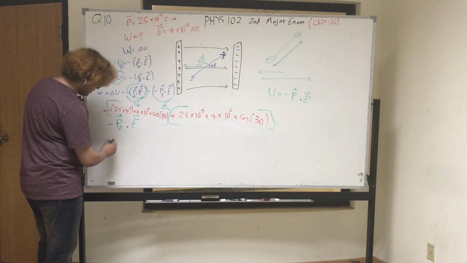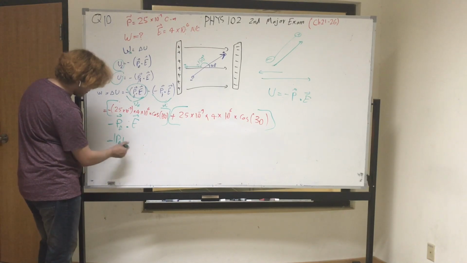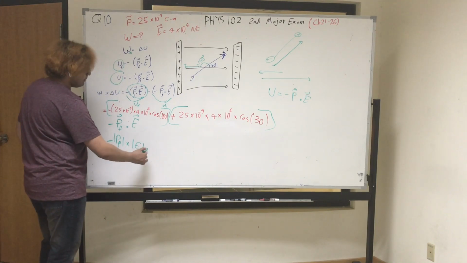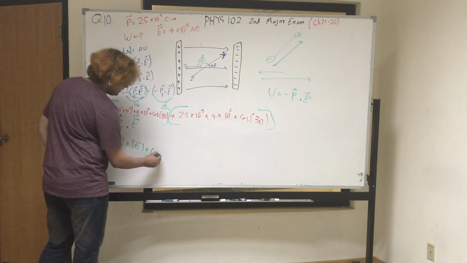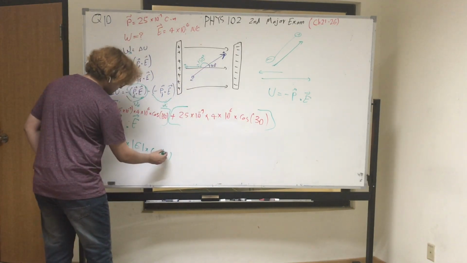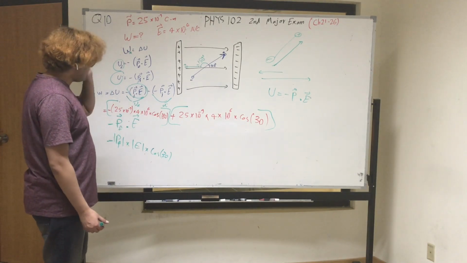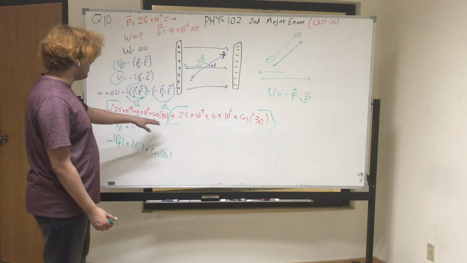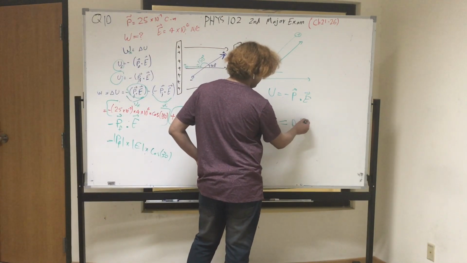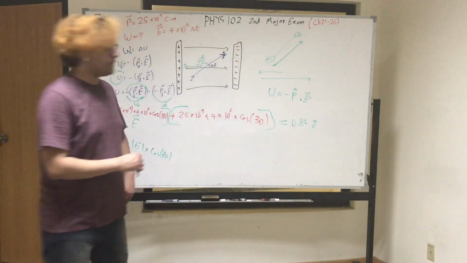To expand the dot product, we have the magnitude of the dipole multiplied by the magnitude of the electric field multiplied by cosine of the angle between the electric field and the dipole. In this case, it's 30. And so on and so forth. And if you multiply things out and add things up, you'll be getting something like 0.81 joules, if I was not mistaken.